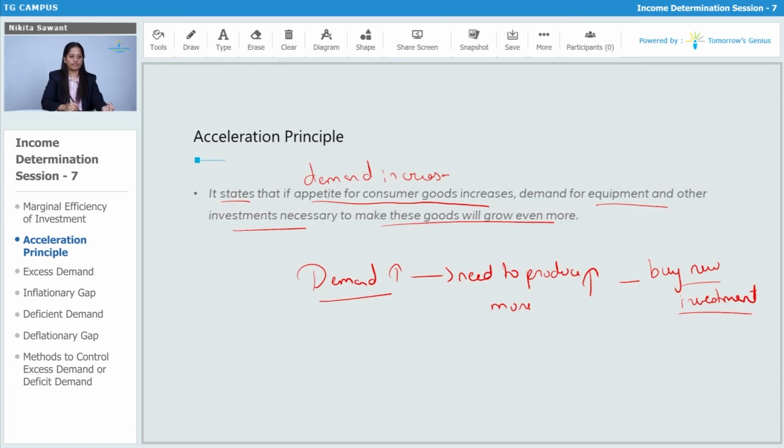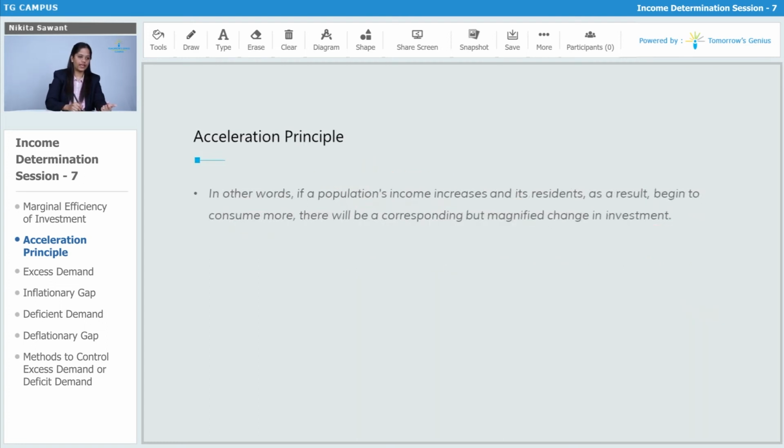So it states that if appetite for consumer goods increases, demand for equipment and other necessary investment to make these goods will also increase. In other words, if the population's income increases and its residents as a result begin to consume more, there will be a corresponding but magnified change in investment.